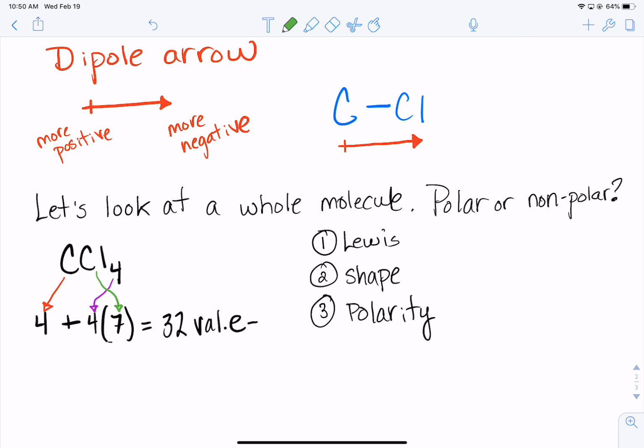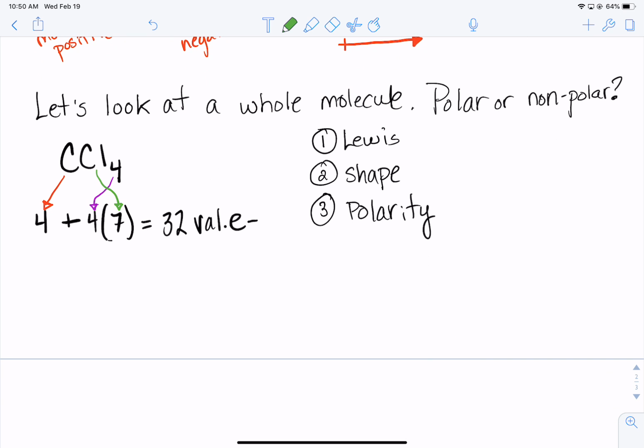Now we know how many valence electrons we're working with. We draw the skeletal structure, and which one is the central atom? Carbon. So we've got carbon in the middle with 4 chlorines.